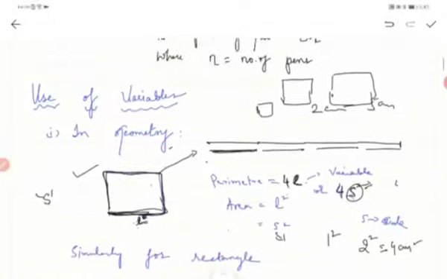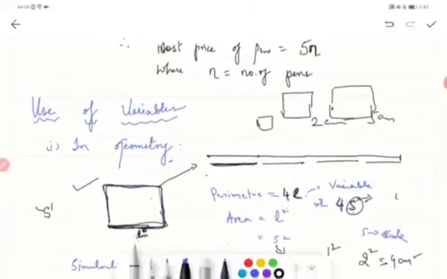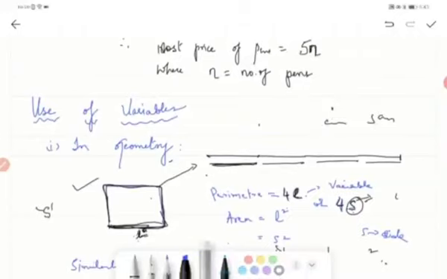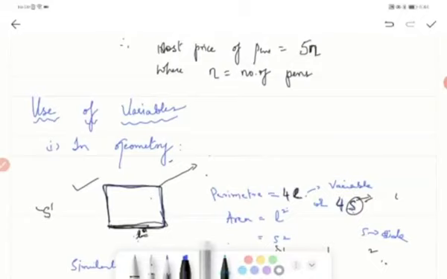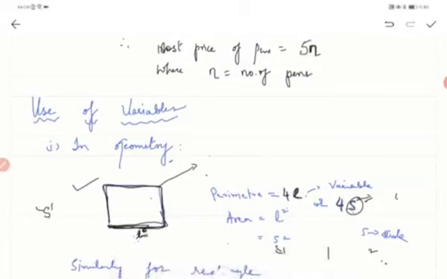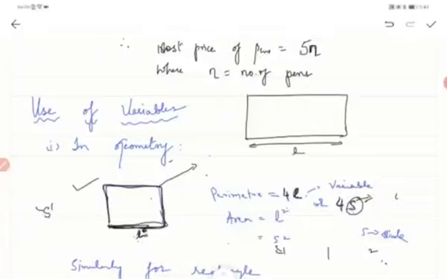Similarly, if you go for a rectangle, what is your formula? What will the perimeter of a rectangle be? If I have a rectangle, this is length L and this is breadth B. This can be anything, that's why in general we are giving it as length and breadth.